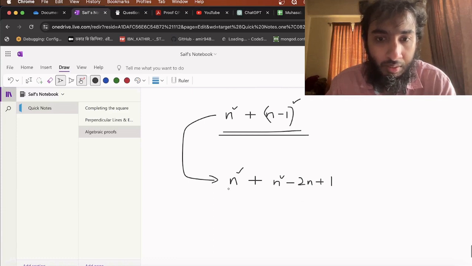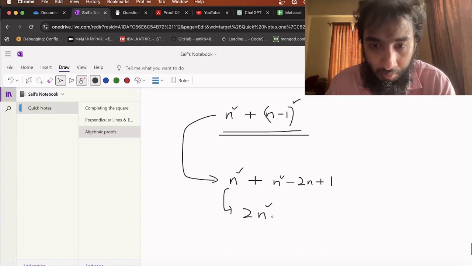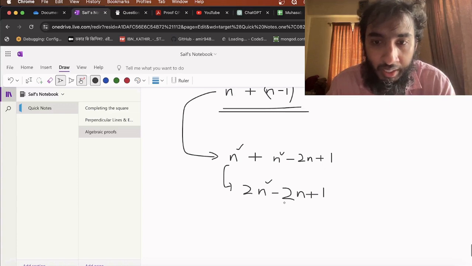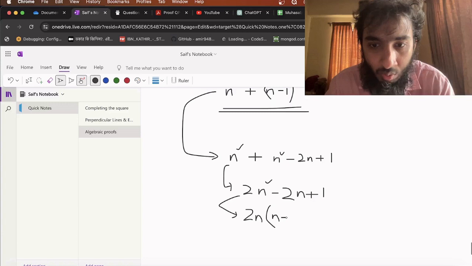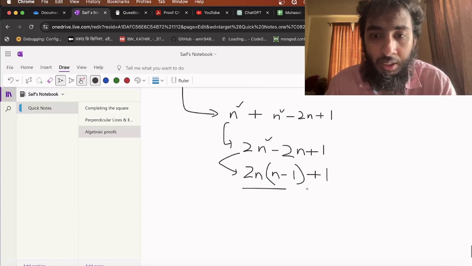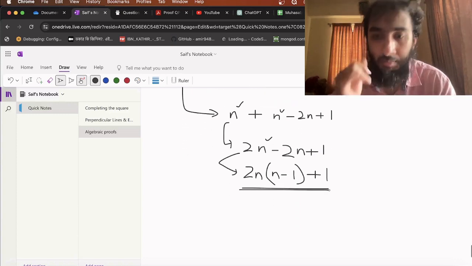So we can also write this as twice n square minus twice n plus 1. We can take twice n common from the first two terms and write twice n multiplied by (n minus 1) plus 1.